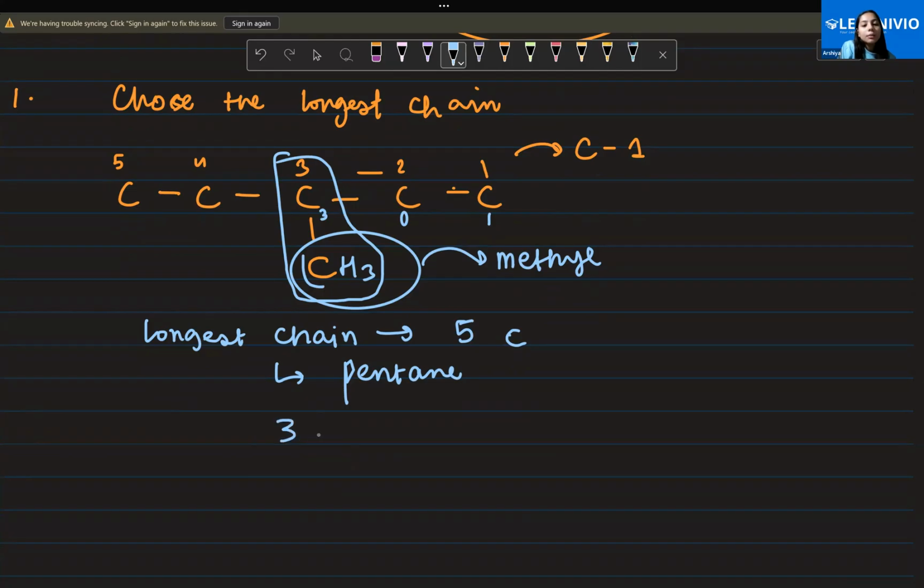I'll take 3 dash methyl pentane. 3-methylpentane. Why? Because on my third carbon I have got a methyl group and the whole chain is pentane.